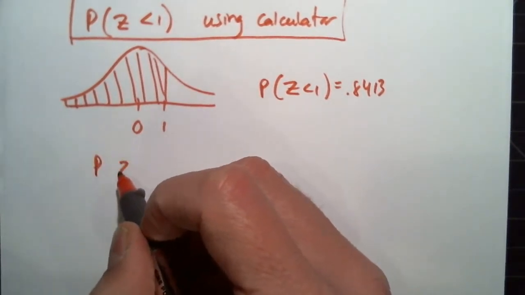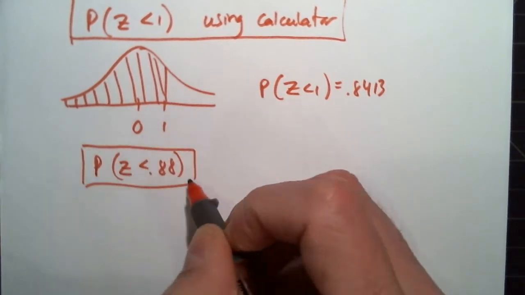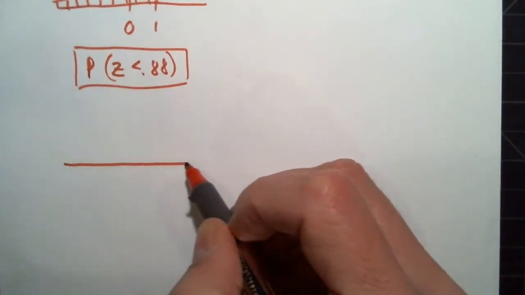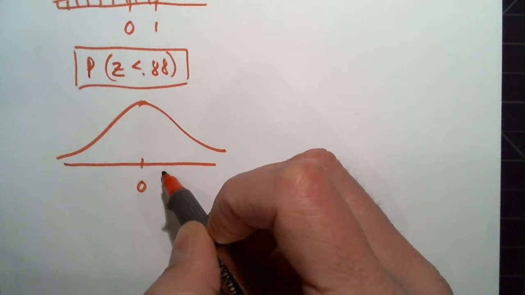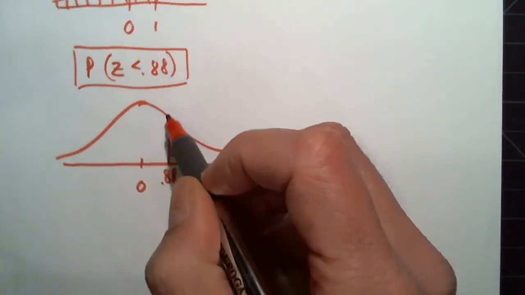Alright, probability that z is less than 0.88 using a calculator. So draw the graph and use a calculator. Try that one. 0.88, somewhere over here. We're going to be to the left.